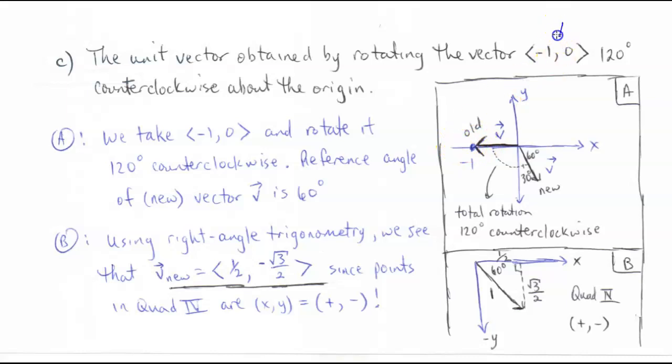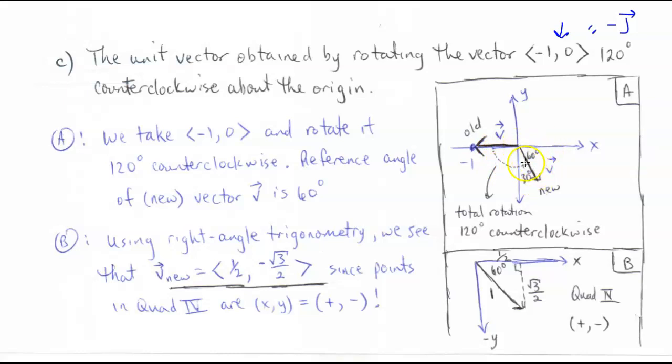I look at this vector here and realize that this vector is actually the j unit vector, but the negative of it. So we've taken that and we want to rotate it counterclockwise 120 degrees. So we rotate all the way through quadrant 3 and then 30 degrees into quadrant 4.